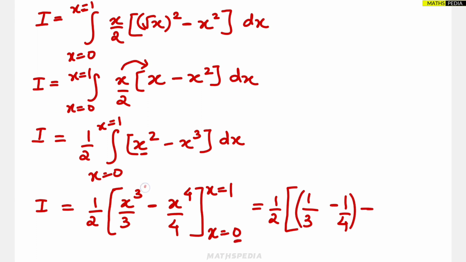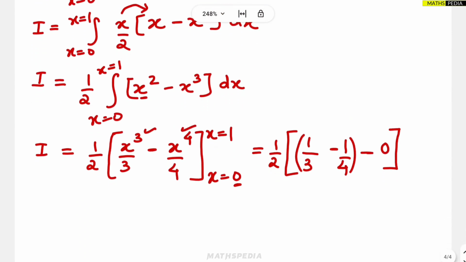If I substitute 0 here or here, it will become 0 by anything, 0 itself. So that is 0 you can write. Be careful with this one. You have to understand one thing: when you are applying the upper limit, everywhere wherever x is sitting, there you have to substitute. It is not like you substitute the upper limit in this part and the lower limit in that part. Not like that. The upper limit has to be substituted everywhere wherever x is sitting.